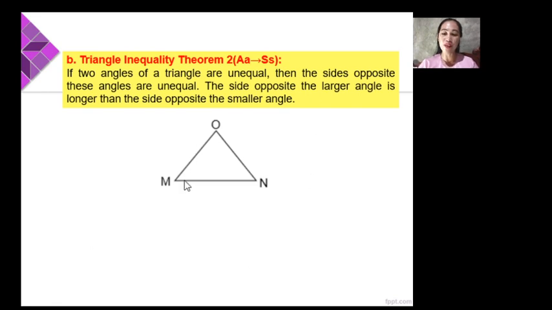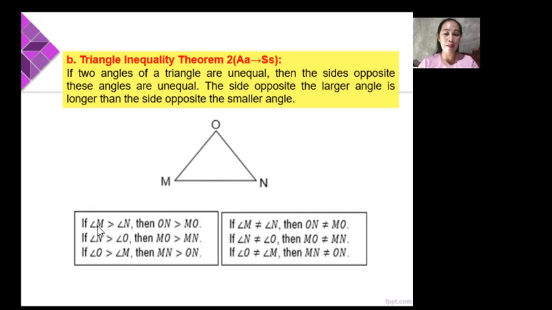So we have there a triangle MON with sides MO, ON, and MN. The angle opposite to side MO is angle N. And the angle opposite to side MN is angle O. The angle opposite to side ON is angle M.